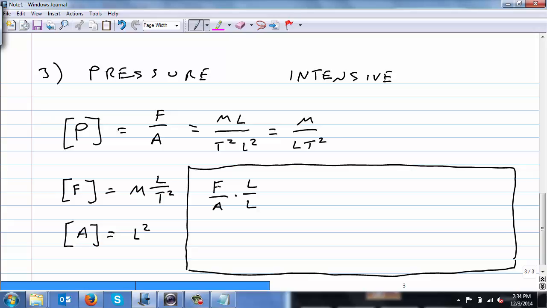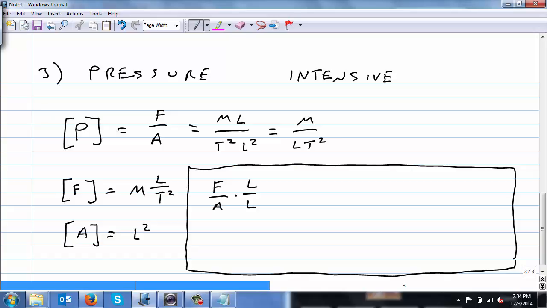So, force times length. How do I show you that guy? Force times length, MGH. Well, off the top of your heads, you know what force times length is? Not velocity.